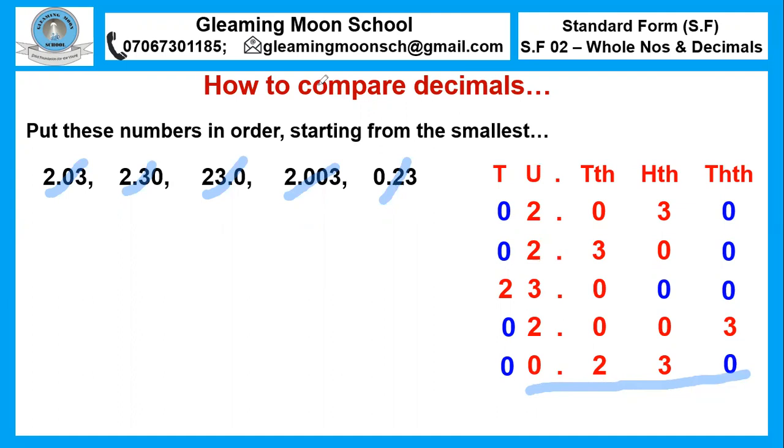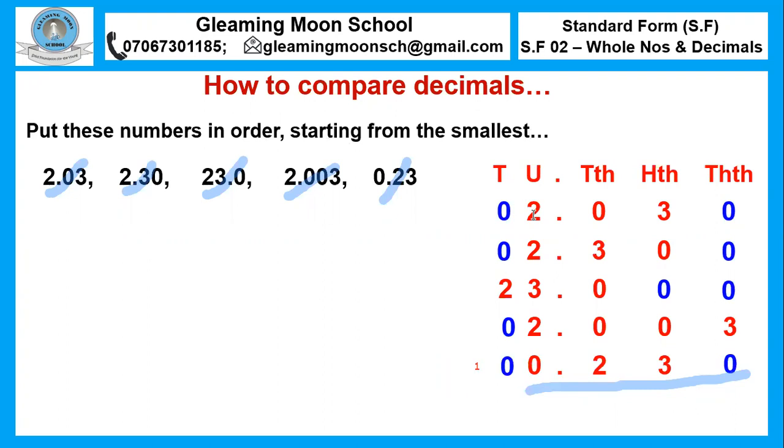So that makes this number our smallest number. So I'm going to label it 1. Okay, so this is our smallest number. Since it says put the numbers in order starting from the smallest, this is going to be the first in our order. So what's going to be the next number?